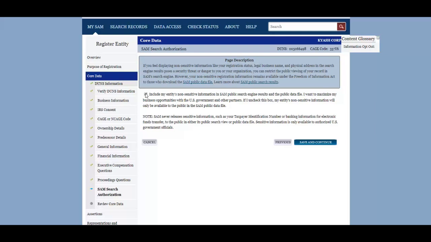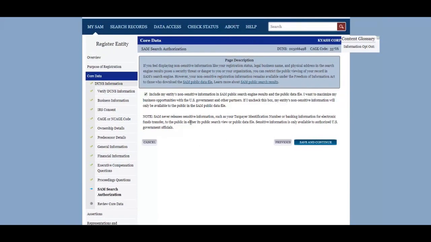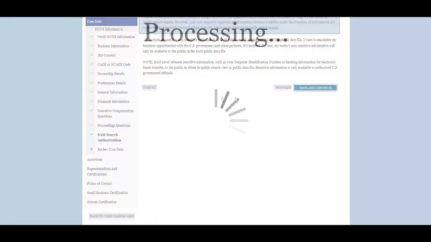I have that checked, and it says here also, SAM never releases sensitive information such as your taxpayer identification number or banking information for electronic funds transfer to the public in either a search view or public data file. Sensitive information is only available to authorized U.S. government officials. Okay, so we have this box checked. It's already been checked because that was left over from the last time I updated this file, which was over a year ago. So we're going to hit save and continue again.